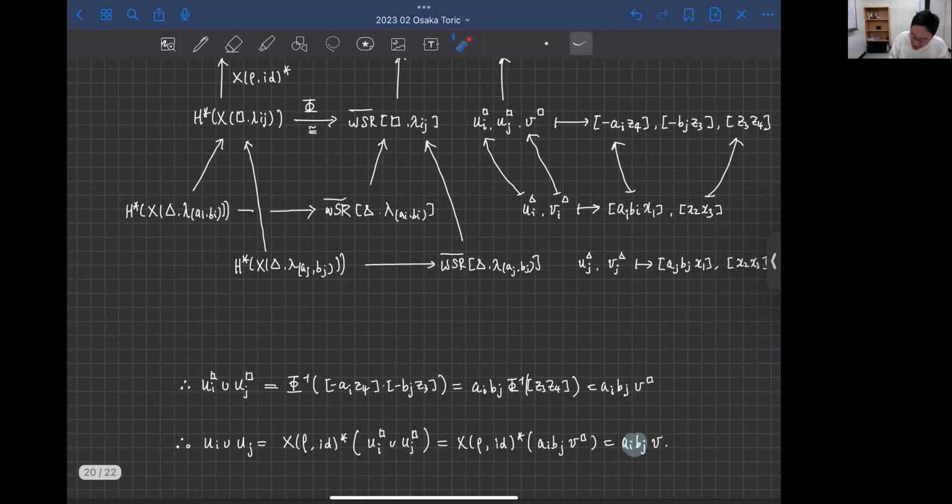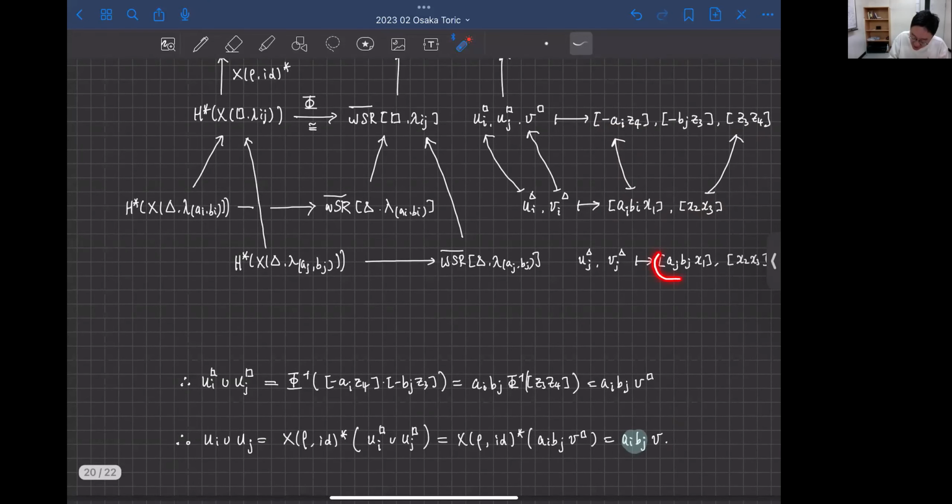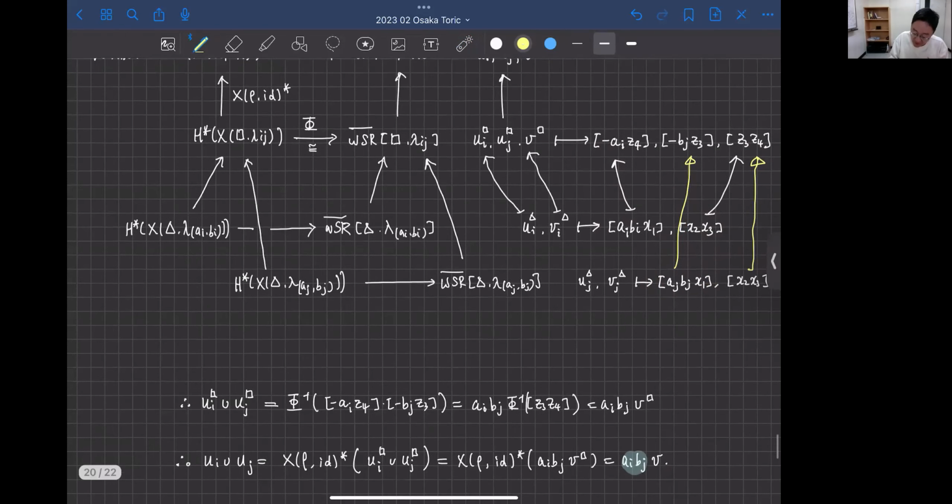And if we have another element corresponding to the index j, then it goes to this element and this element. Okay, so we can think of the product of these two elements by looking at these elements.